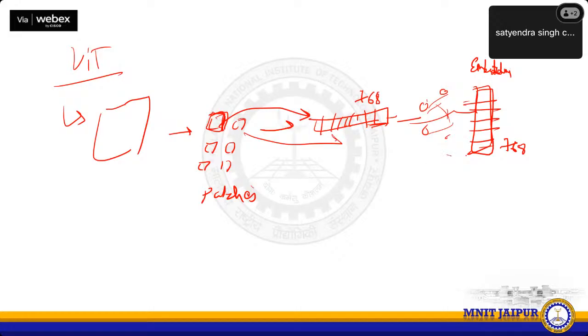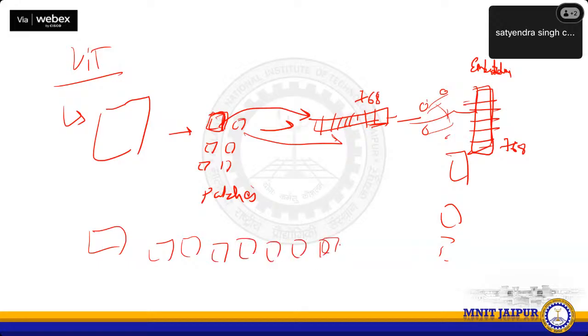Similarly, for each patch we create an embedding, and this results in a sequence of embeddings, each of size 768. So you will have 196 such embeddings for 196 patches.